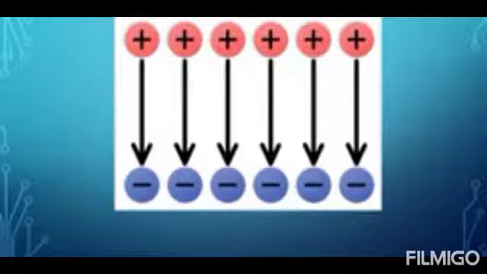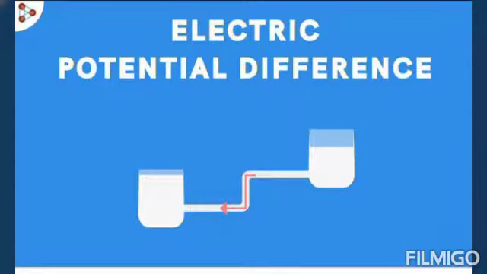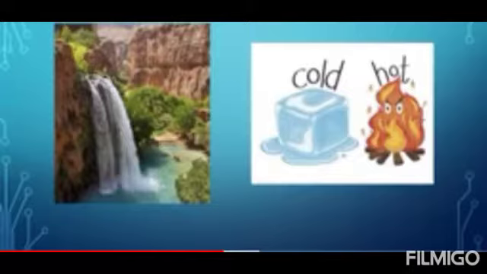Next, we'll see about potential difference. What is potential difference? Similar to the height of a waterfall, as you can see in the picture, the difference of temperature of hot and cold bodies, and the difference between the potential of two points, is called potential difference.